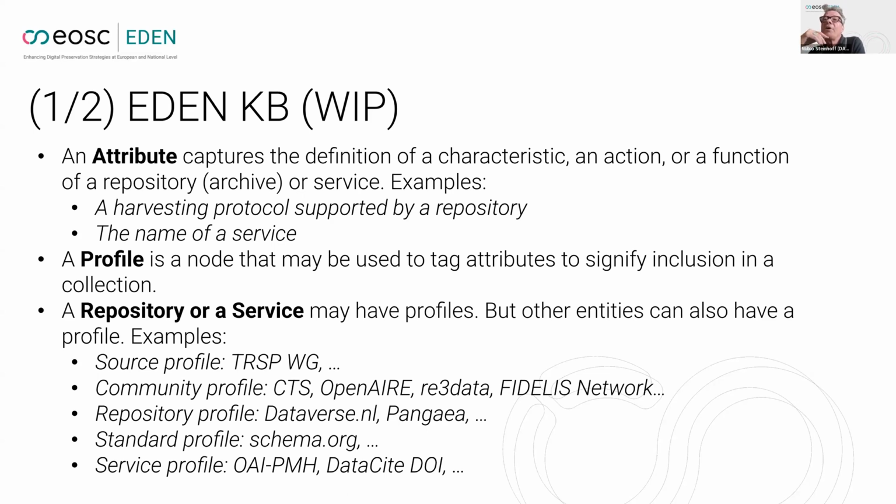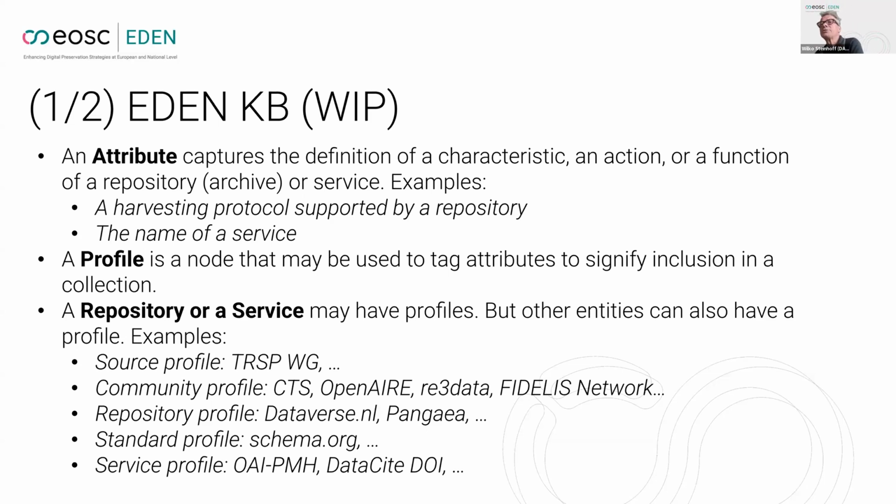And then we have a profile, and a profile is a node that may be used to tag attributes to signify inclusion in a collection. So this is a long sentence for saying that a profile is more or less a collection of attributes that can be tagged, or grouped, I should say.